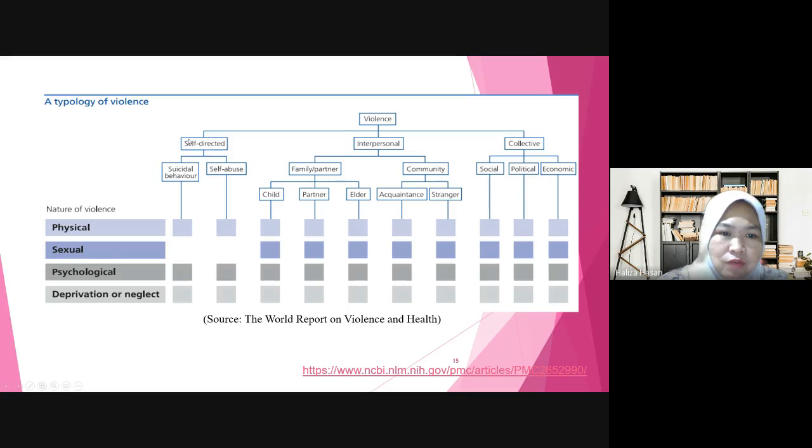For self-directed, suicidal thoughts, attempted suicide, or self-abuse; the nature of violence is physical, psychological, and deprivation or neglect. This is the nature of violence for each mode. Then family or partner, community, and social, political, economic.